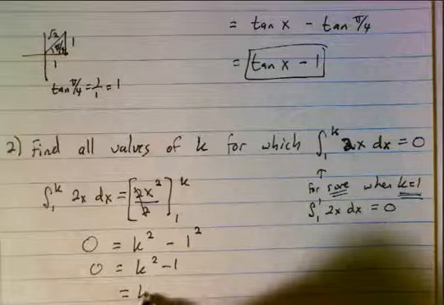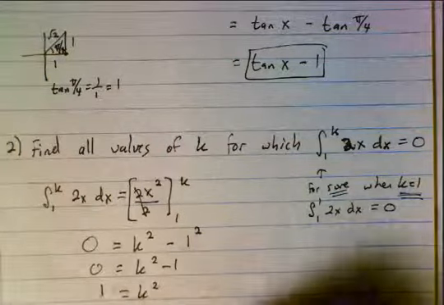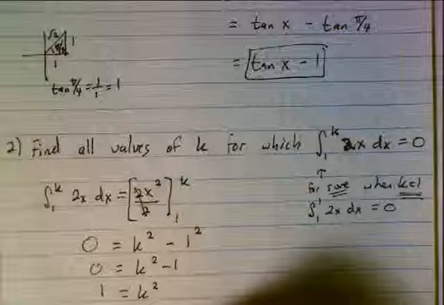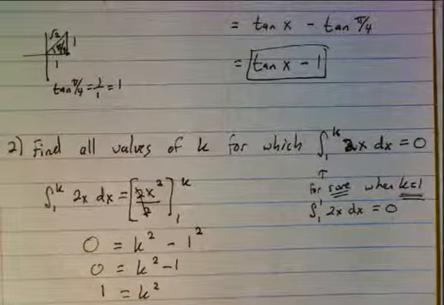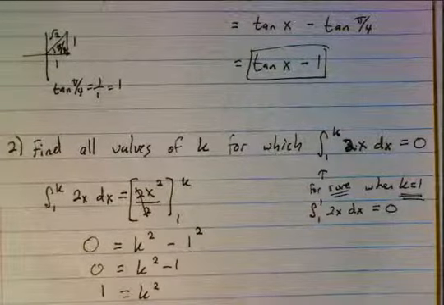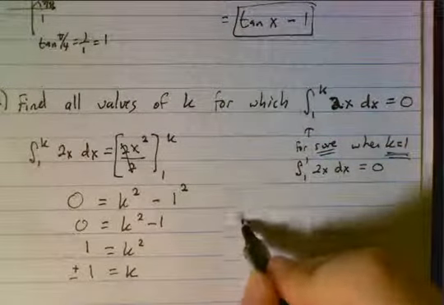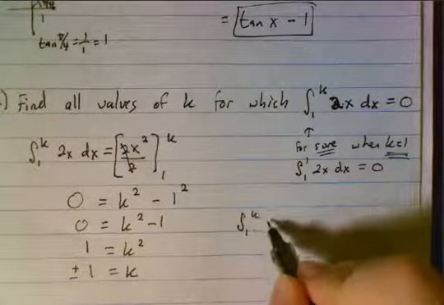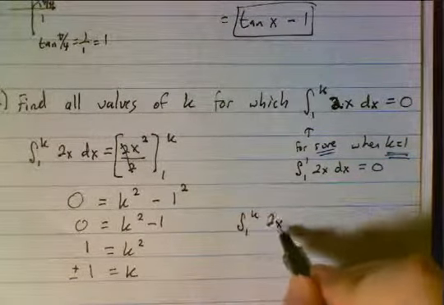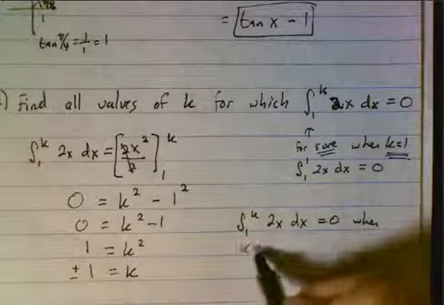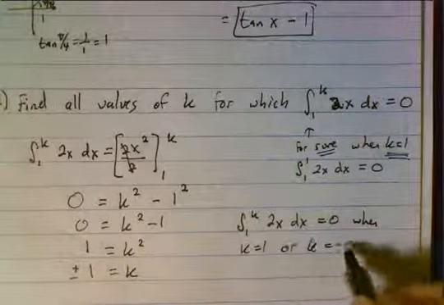If we add 1 to both sides, k squared equals 1. And if we take the square root, the square root of 1 is plus or minus 1. So that means the integral from 1 to k of 2x dx equals 0 when k equals 1 or k equals negative 1.